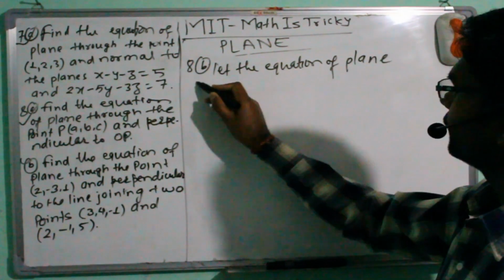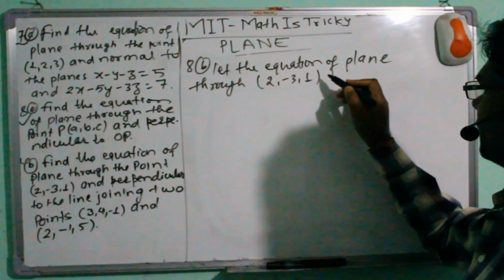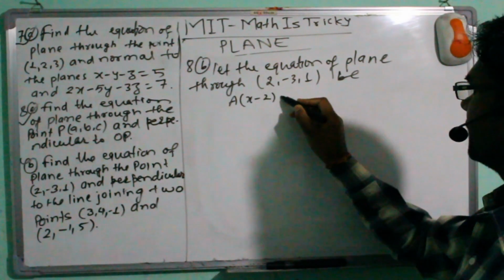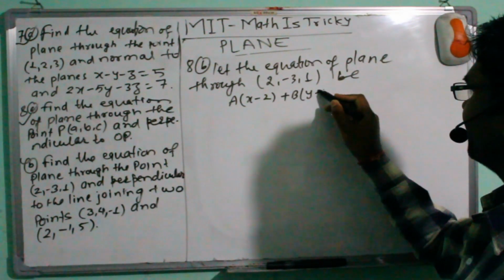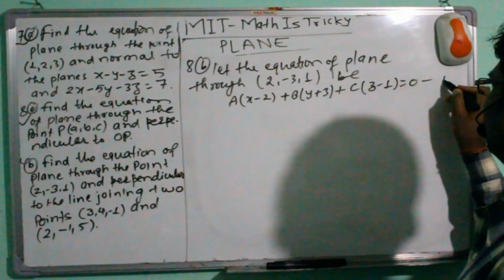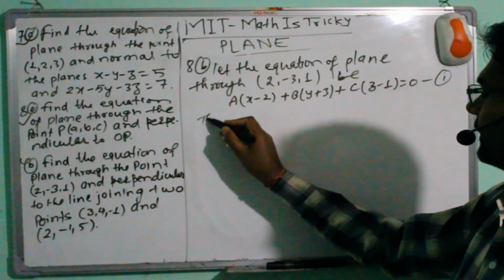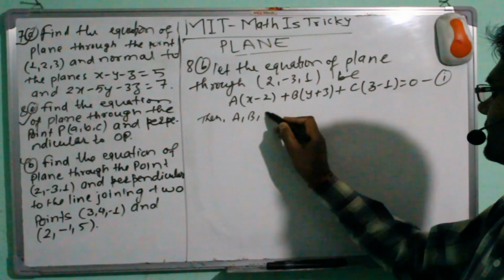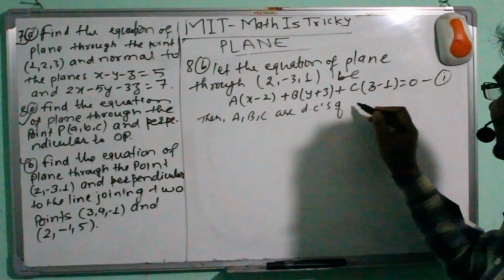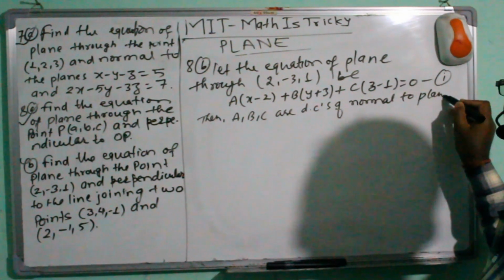The equation of plane through the point (2, minus 3, 1) is A times x minus 2 plus B times y plus 3 plus C times z minus 1 equals 0. Let it be equation 1. Then we know that A, B, C are the DCs of the normal to plane 1.